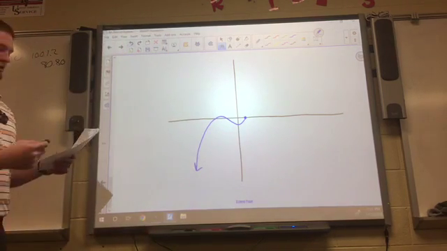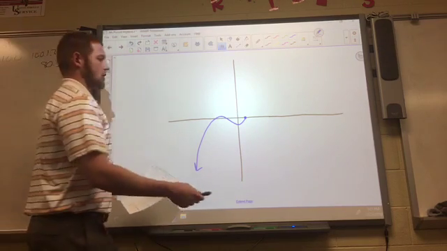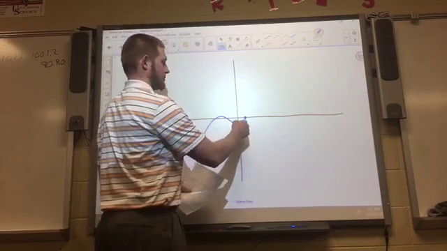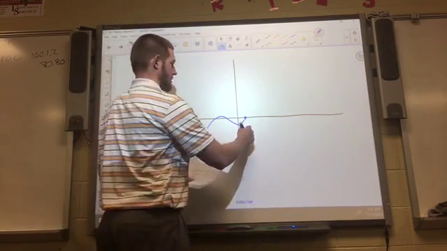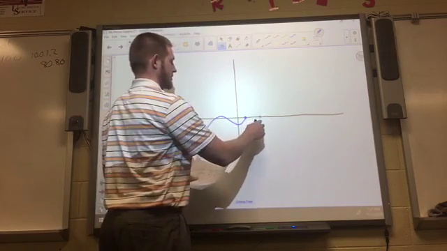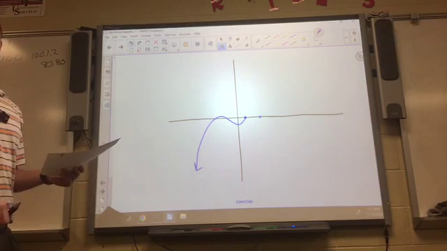But we know that the degree is even and the leading coefficient's negative. So we know it has to come down over here somewhere, but your last point shows that it's going up. What you'll do then is pick another point until you can make it go back down, because you'll know it's supposed to go down at some point. Does that make sense?